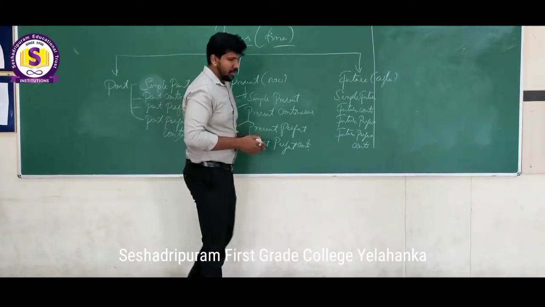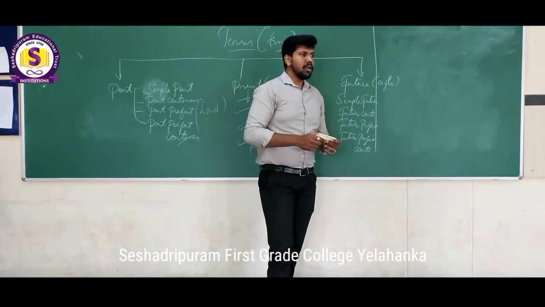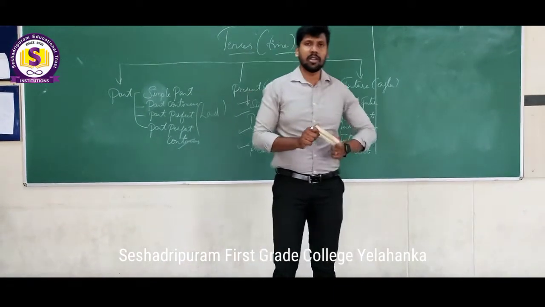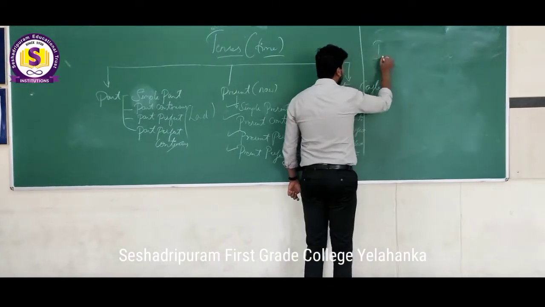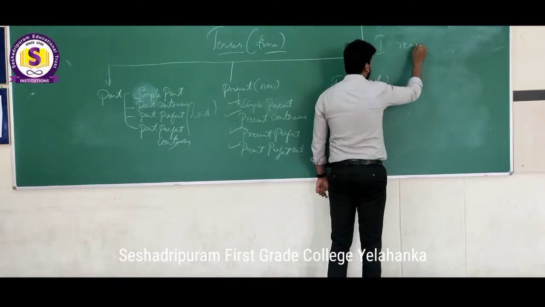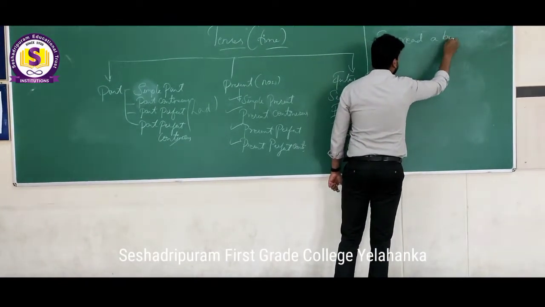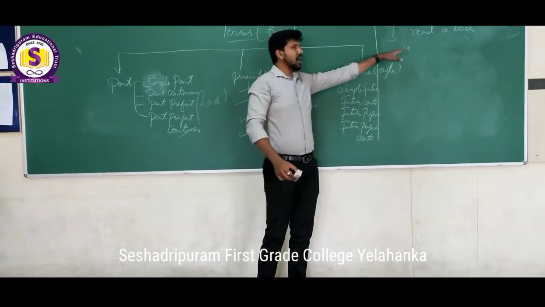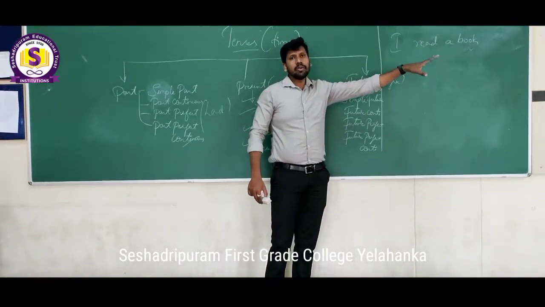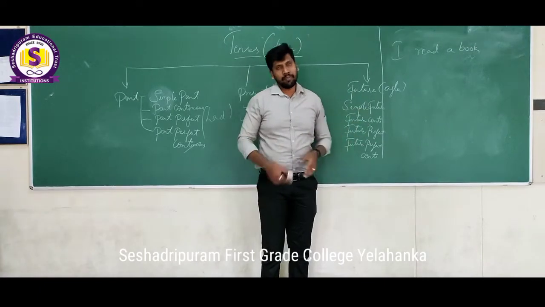Simple present tense. So when do we use simple present tense? For example, if I write an example, I read a book. Here, we will not use any helping verb.